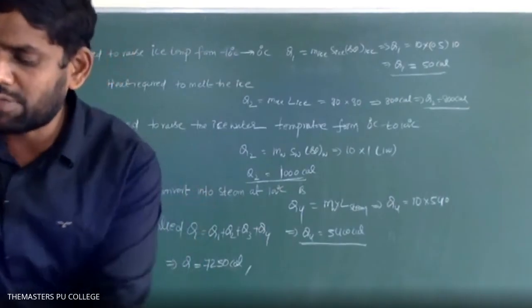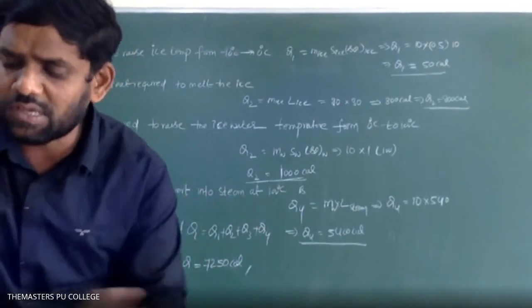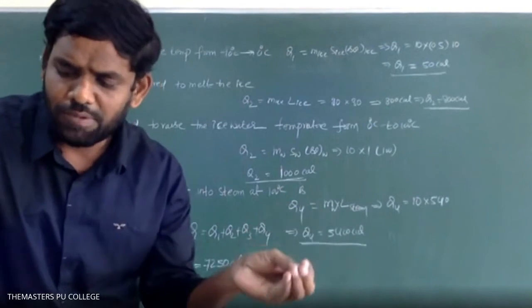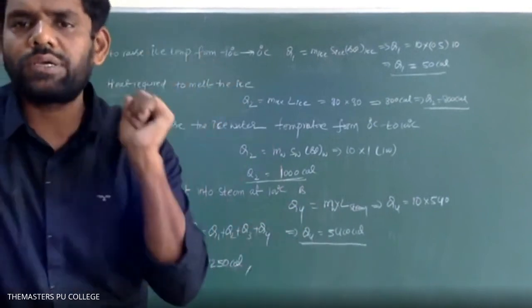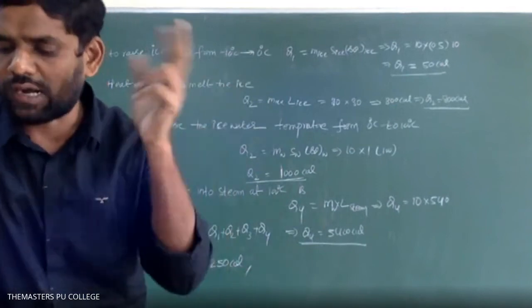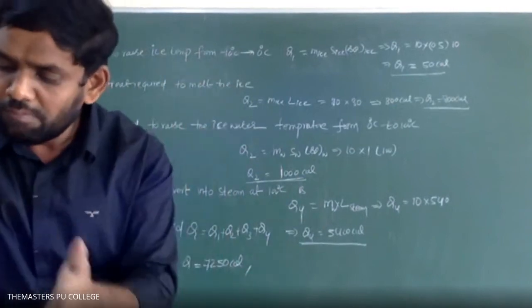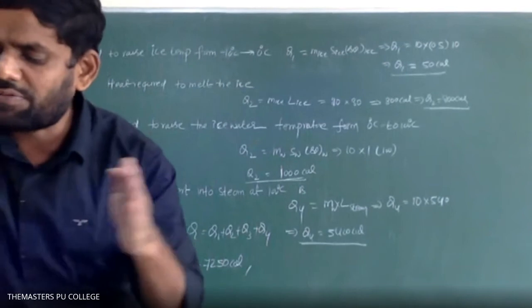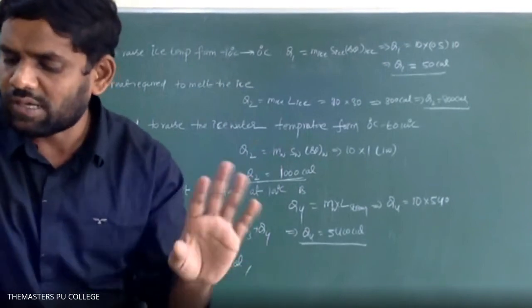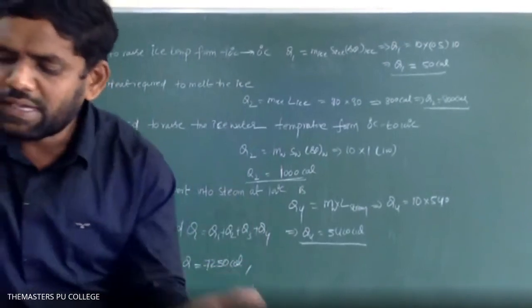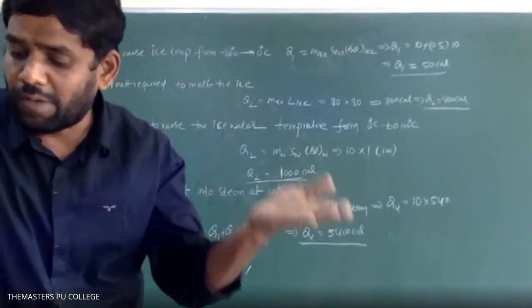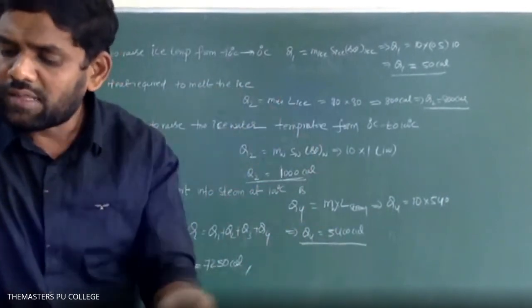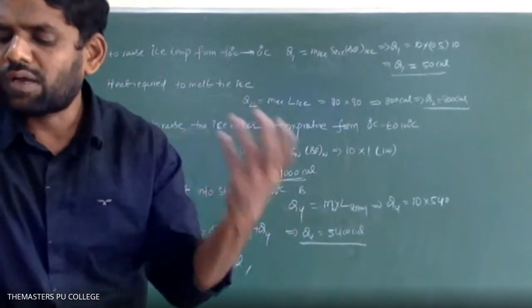No, sir. The reason is that by absorbing the heat, first the entire ice temperature is raised from minus 5 degrees centigrade to 0 degrees centigrade. Then the ice starts melting. So that energy was used by increasing the temperature of the entire m grams of ice from minus 5 to 0, and to melt 1 gram of ice.